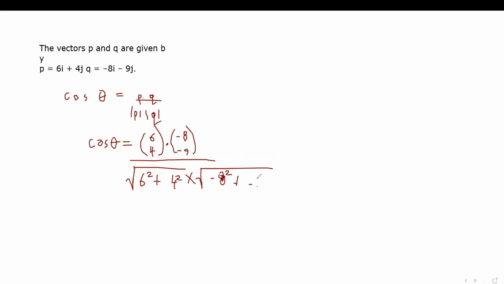We know when we square the negative, it goes away, so put a bracket. So let's simplify now. The dot product will be 6 times negative 8, that's minus 48, plus 4 times minus 9, which is minus 36. And then that is divided by 6 squared is 36 plus 4 squared is 16. 36 plus 16 is the square root of 52.